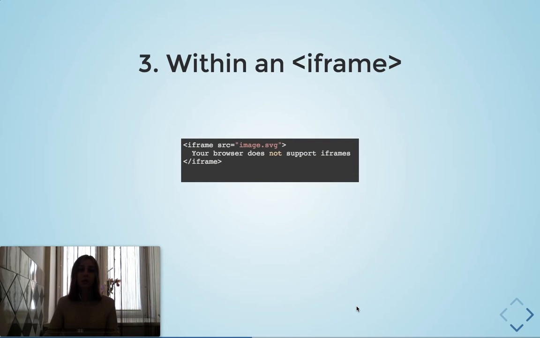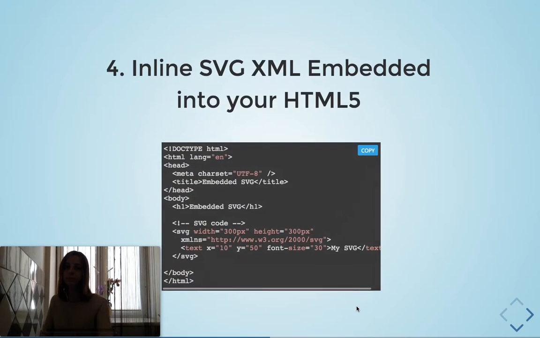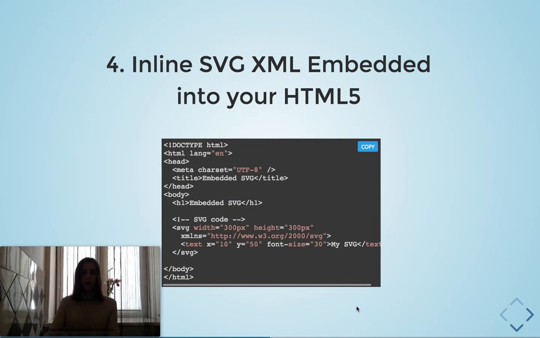Within an iframe. This may be a good method if you want to completely separate SVG code and script from your image page. However, manipulating an SVG image from your main page's JavaScript will become a little more difficult. The method works in all HTML5 browsers and also permits animation, scripting and CSS.